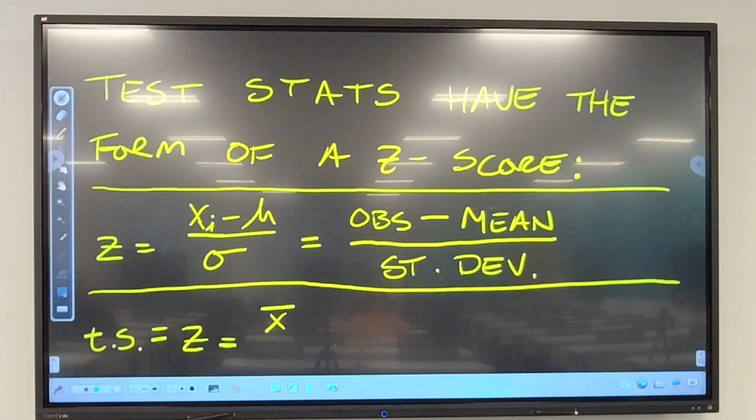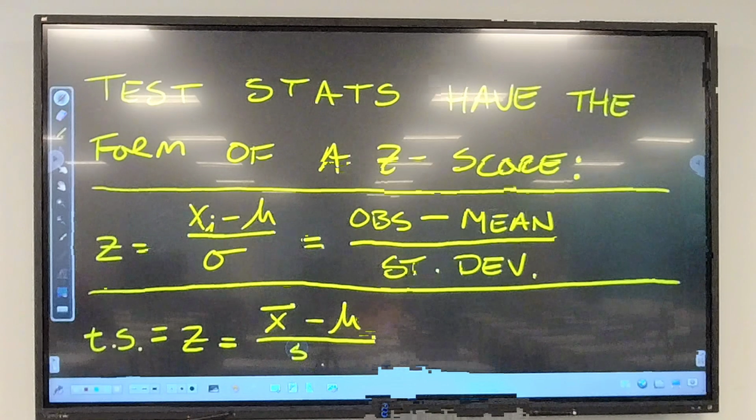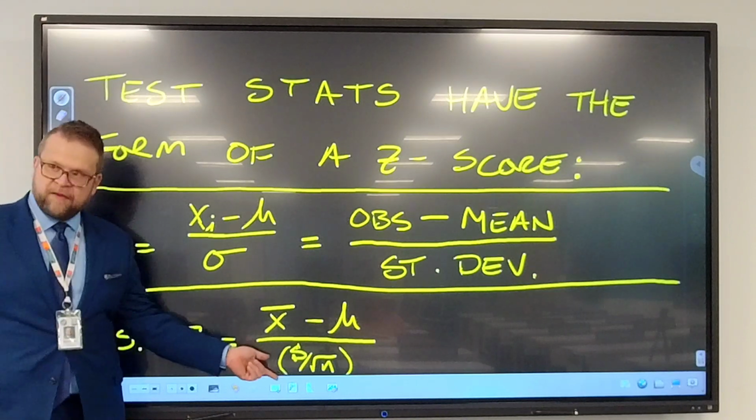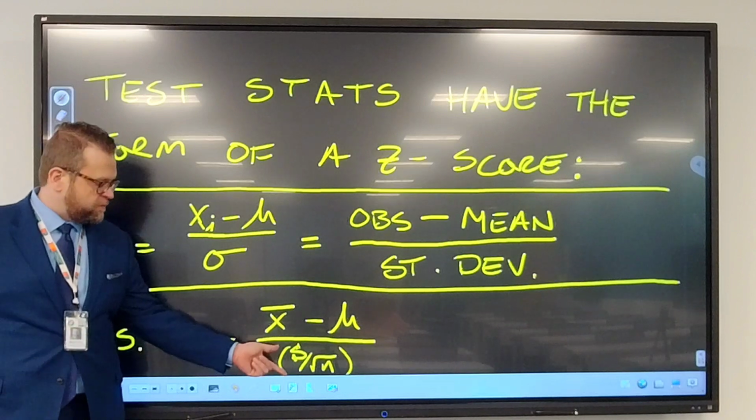That was when we observed x bar, right? We saw in our sample that it had an average, and we took that away from the population mean, and used this thing as our standard deviation, which came from the stuff we did in week 5 having to do with the central limit theorem.